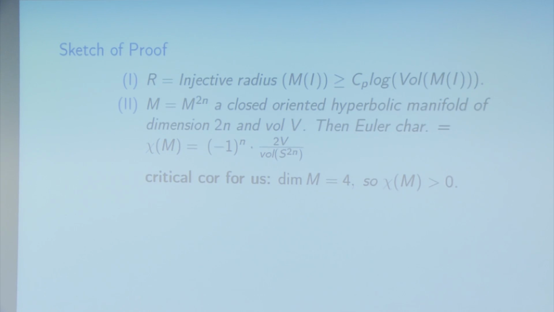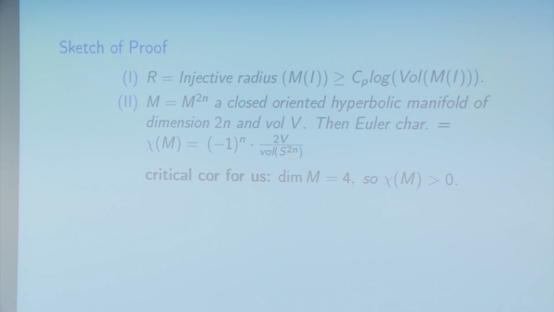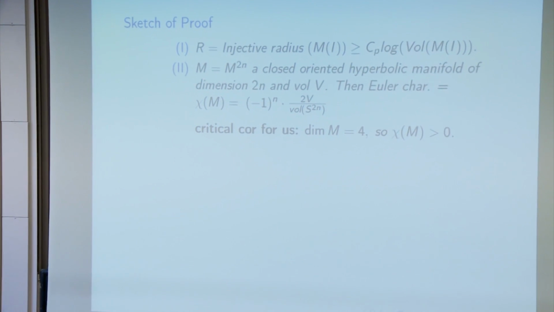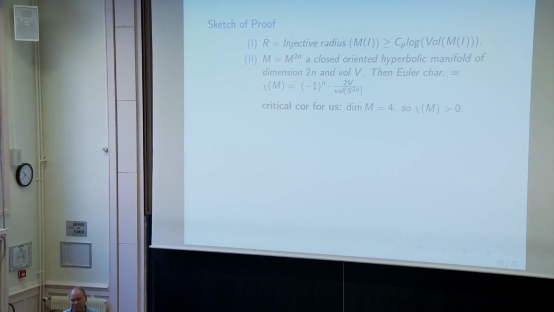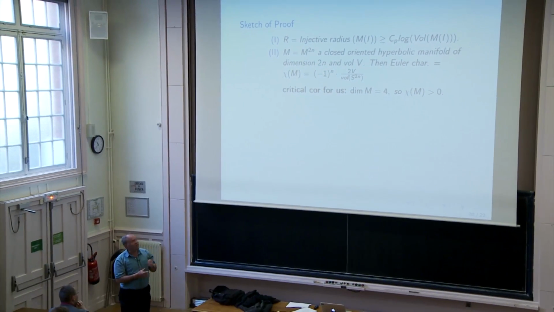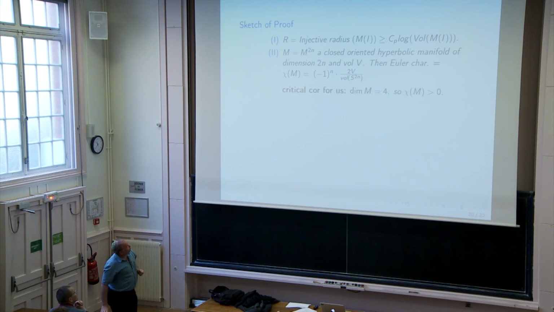Okay, so this is a standard argument which goes back to many people, that if you work with a given arithmetic lattice and you look at a chain of congruence subgroups, not normal subgroups by themselves, this is not enough, but congruence subgroups, then the injectivity radius of the manifold grows logarithmically with the volume.